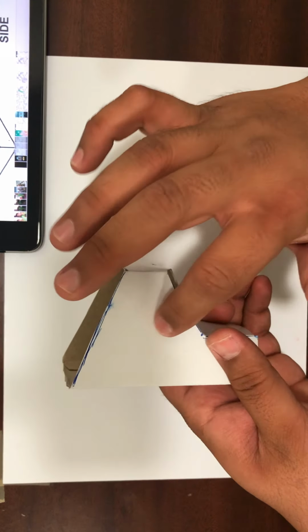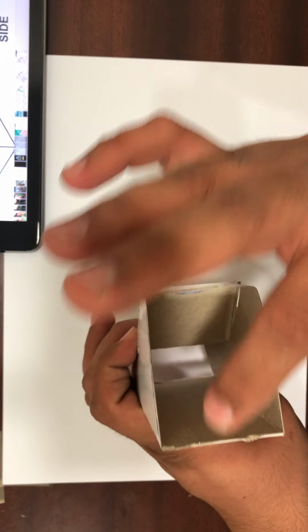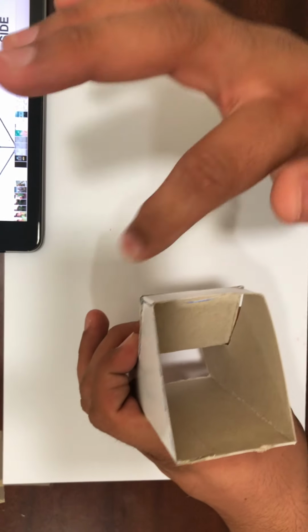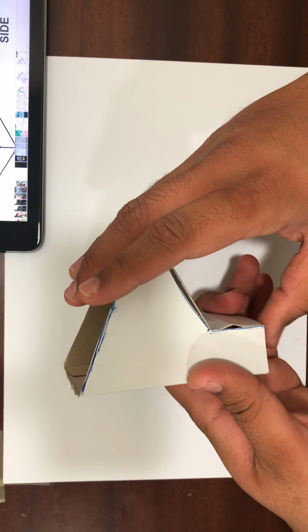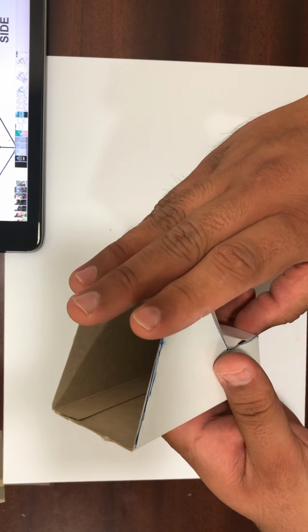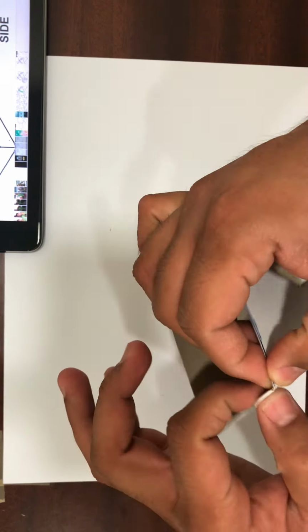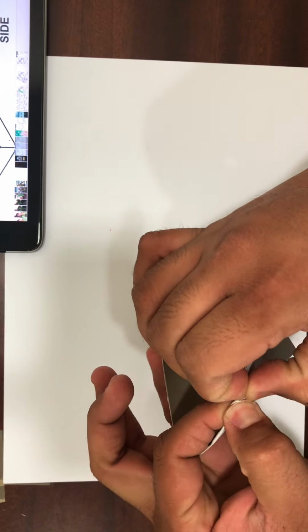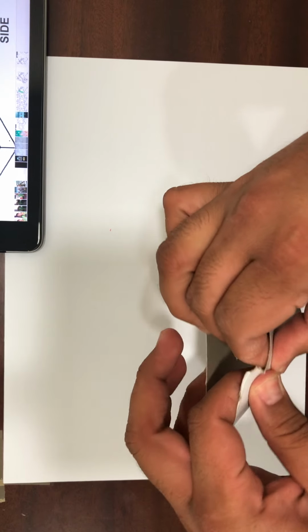This is the front view, and this is the top view. In the top view you will see only two rectangles like this, and in the front view you will see this shape. Now I need to develop it. Development means what? I need to cut it and open it. So now let's cut it from here. I am cutting it from here.